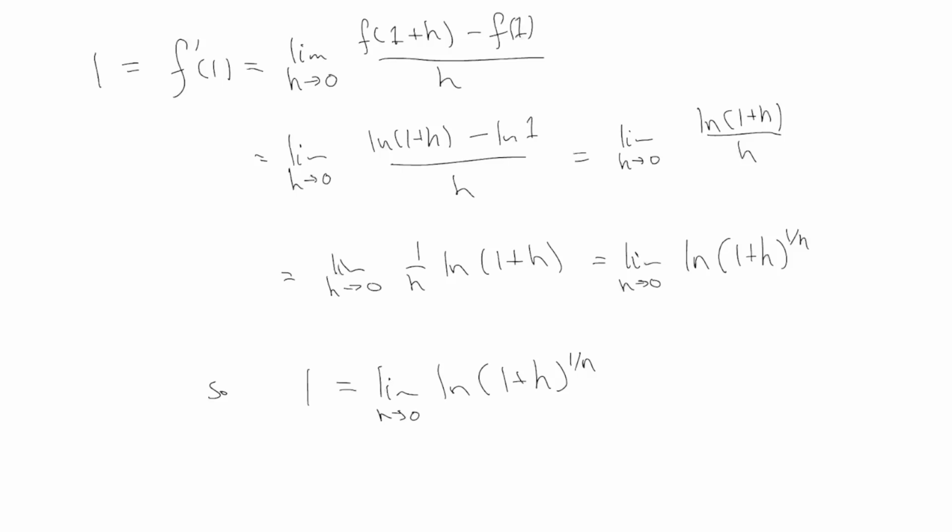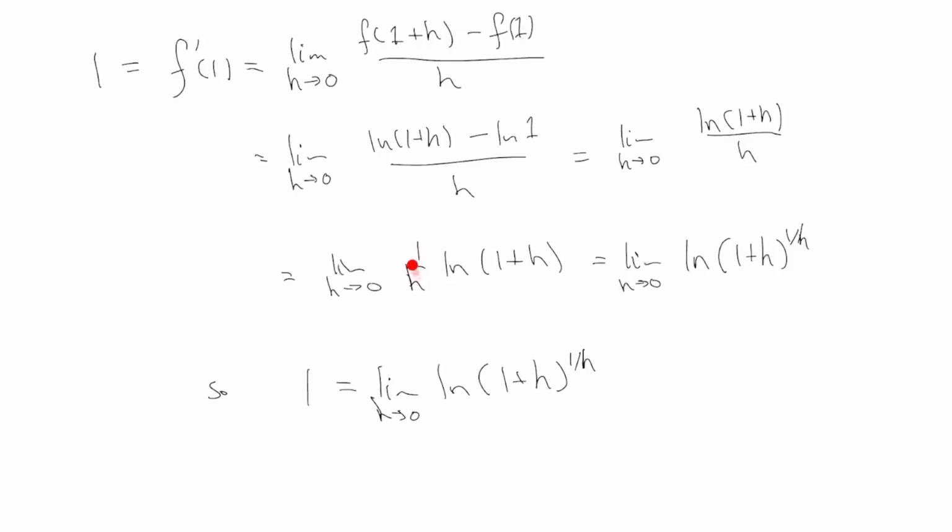Why did you put it to the 1 over h? Sorry, that should be an h. My h is kind of, does that help at all? There are no n's here. This is an h. Sorry about that. I've got to make my h's taller.